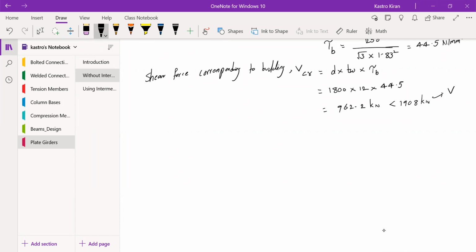Now you have to remember a few conditions here.